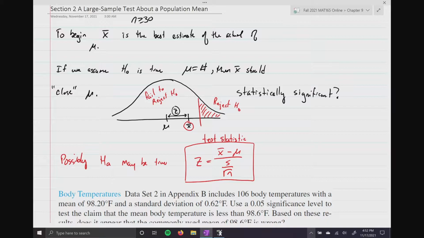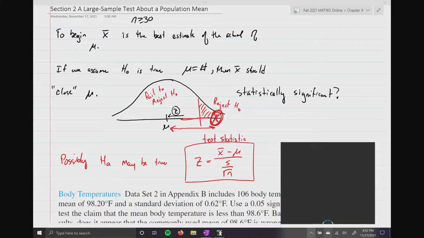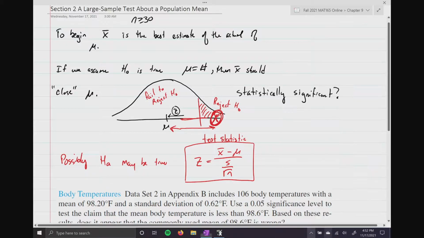However, and you'll have to excuse me here, if my x bar value is inside that rejection region, then I know the difference between mu and x bar, so the difference between this distance right here, is actually statistically significant, meaning that HA, your alternative hypothesis, may be true.